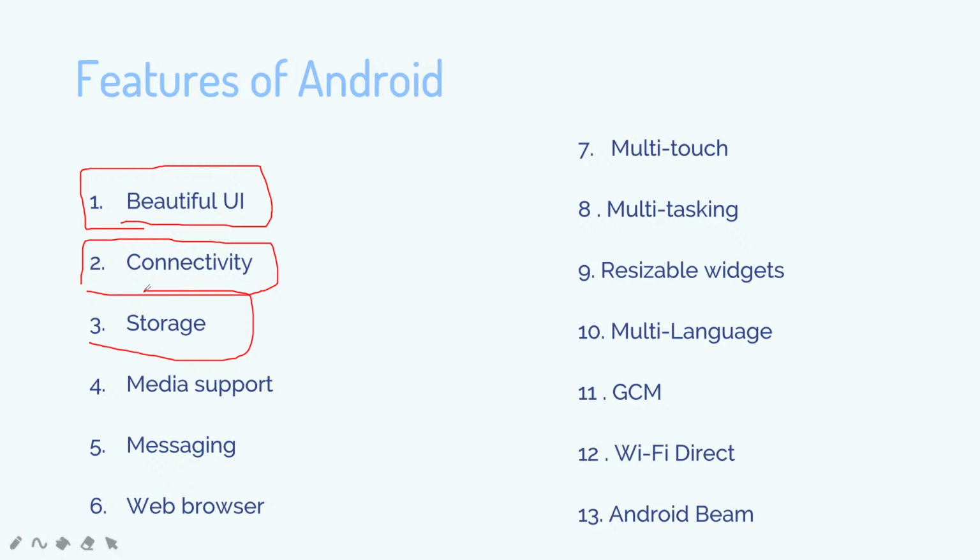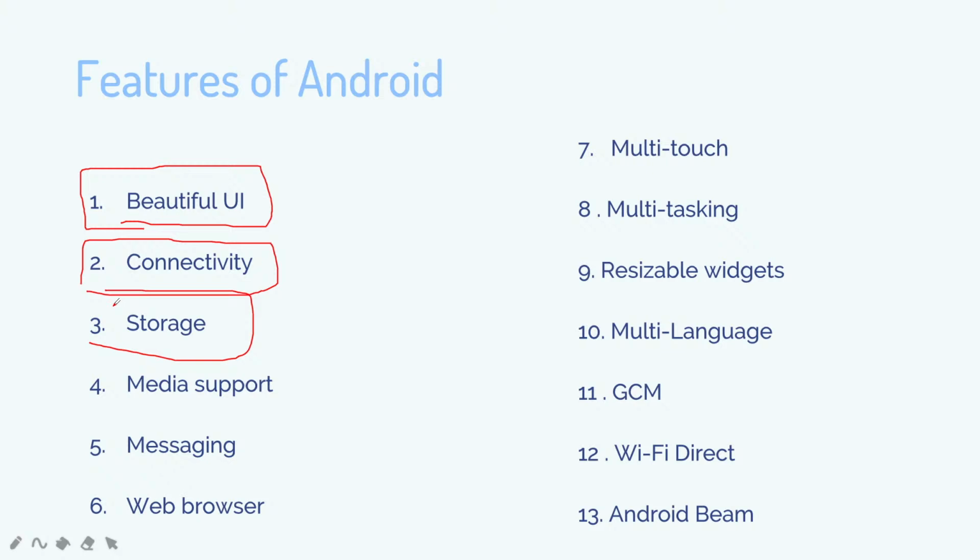When we look at storage, we have both RAM and ROM. Before 10 years, 2 GB, 4 GB or 8 GB was a big storage. Now 128 GB also looks normal, right? So storage is important for Android, and media support is also important.